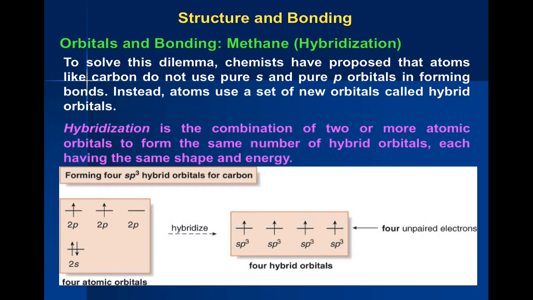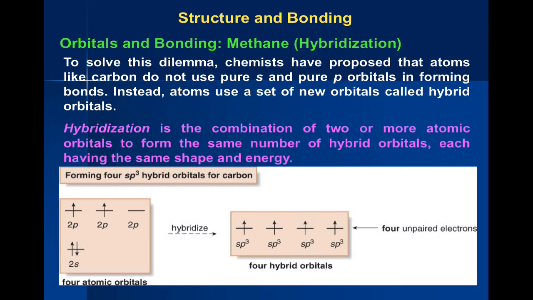Will these orbitals look more like a ball or like a dumbbell? They'll look more like a dumbbell. And why is that? They've got a lot of p character, right? Exactly. So they're going to look more like a p orbital than an s orbital. Okay? And when we do this hybridization, and you think about the Cartesian coordinates, and I'm not going to do the math for it because it hurts my head, when you do the math, it actually turns out that these orbitals will point towards the corners of a tetrahedron.